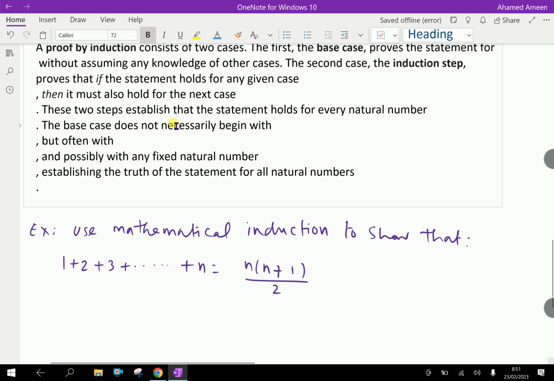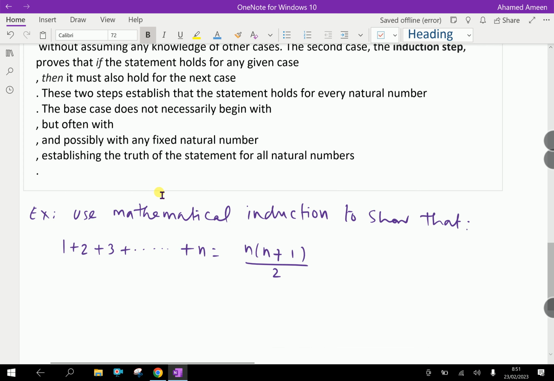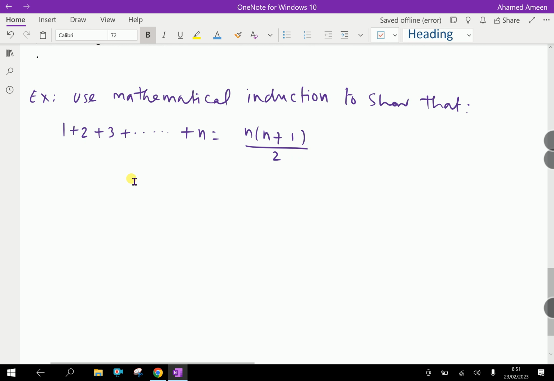These two steps establish that the statement holds for every natural number. The base case does not necessarily begin with 0, but often with 1, and possibly with any fixed natural number. Establishing the truth of the statement for all natural numbers, we can completely prove the statement.